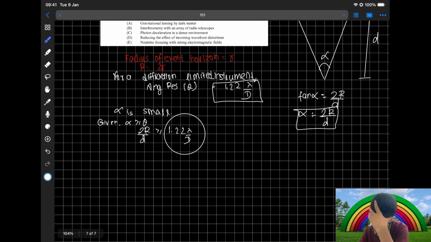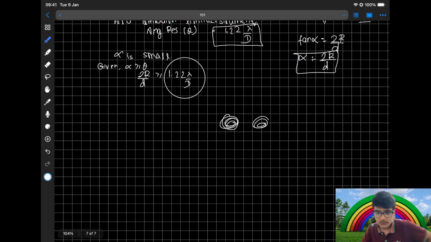suppose there are two stars, right? For a telescope which has a really small aperture from a certain distance d, it will see these two different objects as a single object.